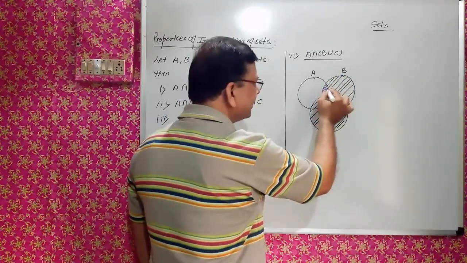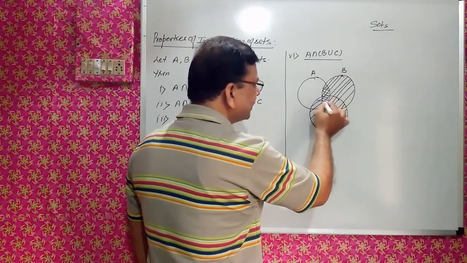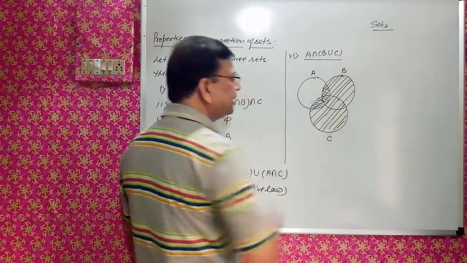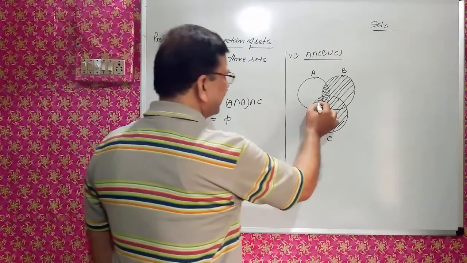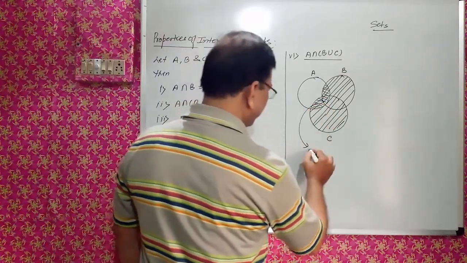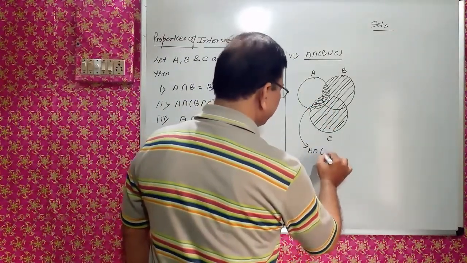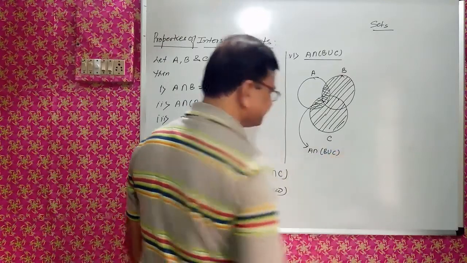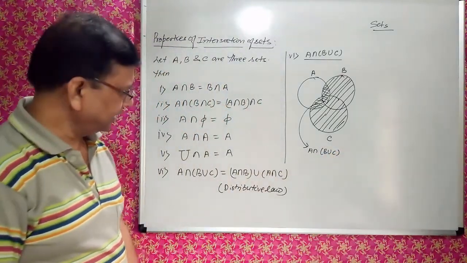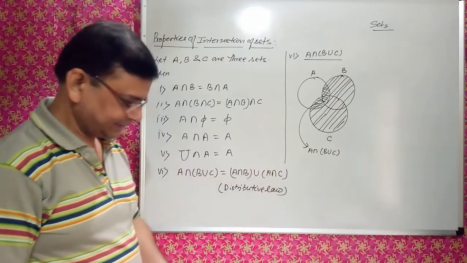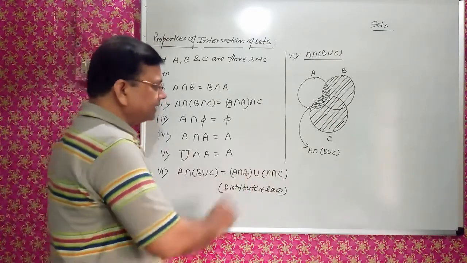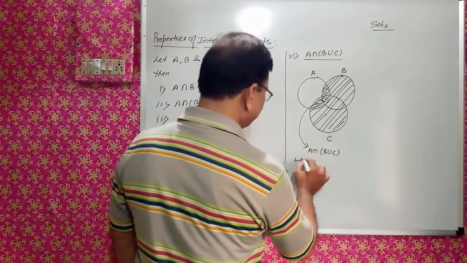So this area is common, right? So this area is A intersection B union C. It is LHS part.